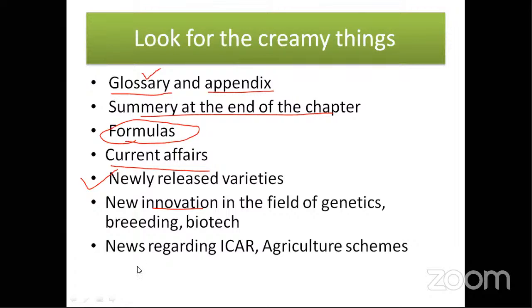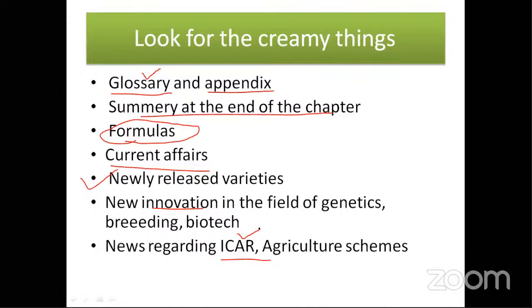Okay. And another thing that I want all of you to go through once in a week, any time, let's say you just fix a time, whether Saturday or Sunday or any time, for 15 minutes to half an hour, you have to visit the ICAR site. Because in the ICAR site many of the things are getting updated on a daily basis.